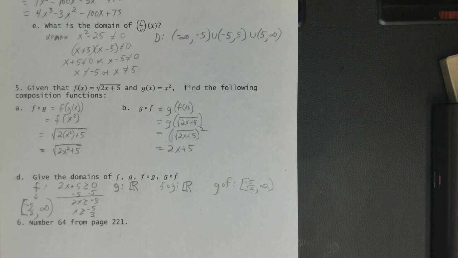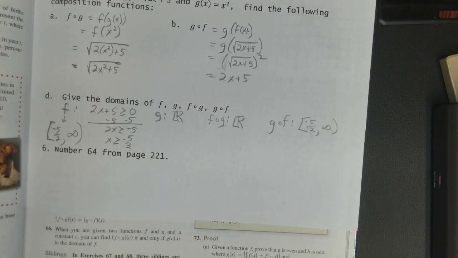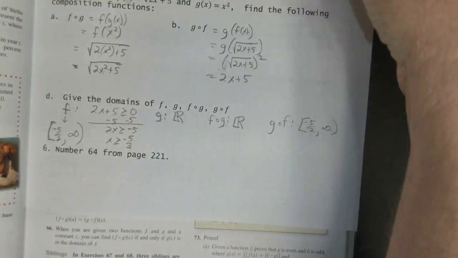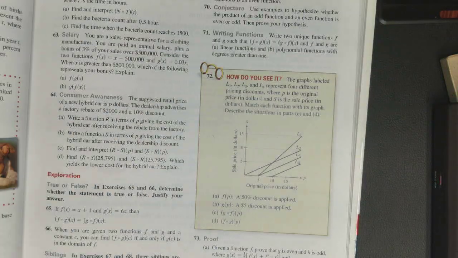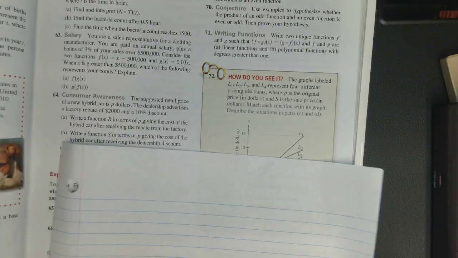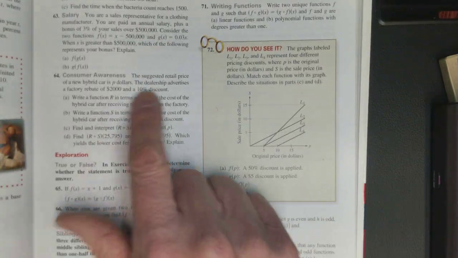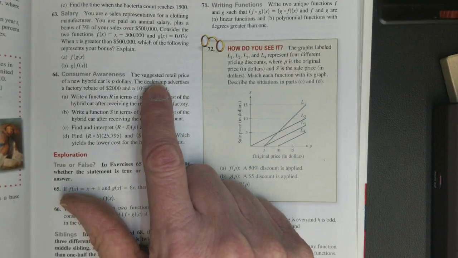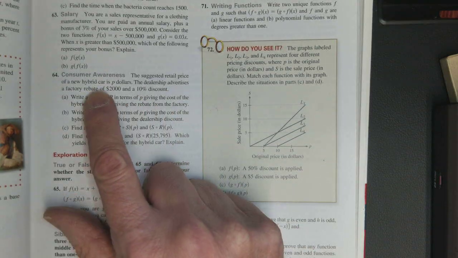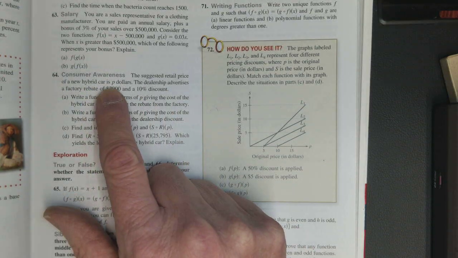Okay. Now, okay, we are on 64 from page 221. I don't know that I have enough room here, so I got another sheet of notebook paper out to do this. 64, consumer awareness. The suggested retail price of a new hybrid car is P dollars.